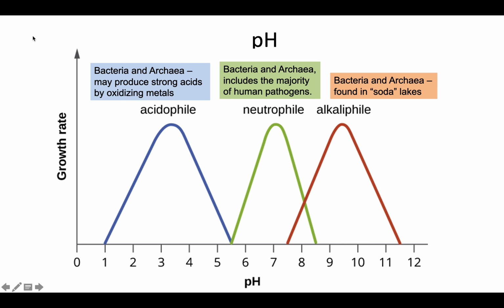And again, this includes a majority of human pathogens because these pathogens can grow within our body pH. And then finally we have alkalophiles, which are alkaline bacteria. They grow in pHs above 7, a little basic. And these are found in the soda lakes that I just talked about.